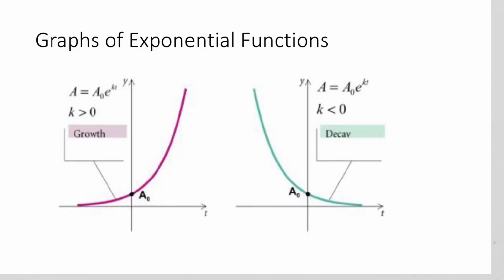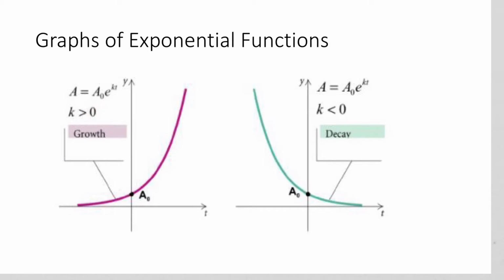So let's look at these two graphs here. When your exponential function starts out small and then rises very rapidly, this is exponential growth, and that happens when k, your rate, is greater than 0.